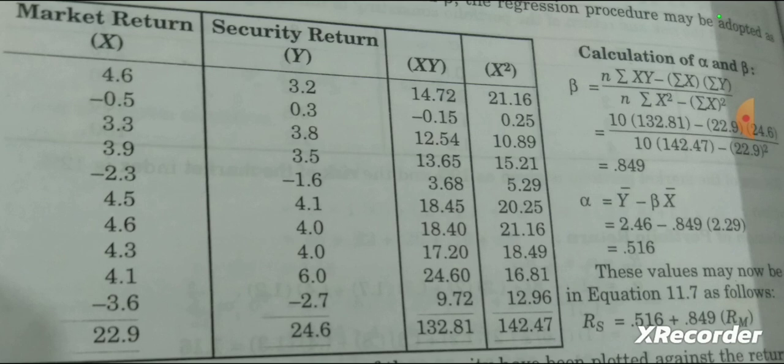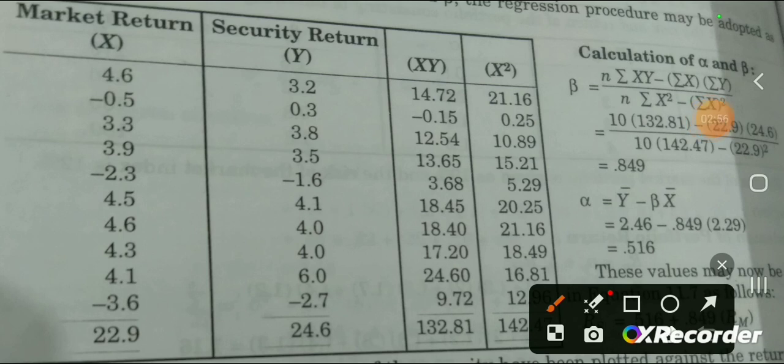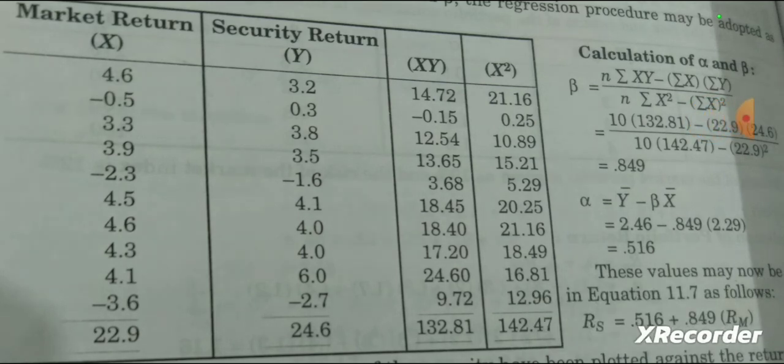That's why the return of security, as discussed in the previous slide, will be given as appeared on your screen. You can see that it will be represented in the form of the regression line, that is 0.516 plus 0.849 into return of the market.